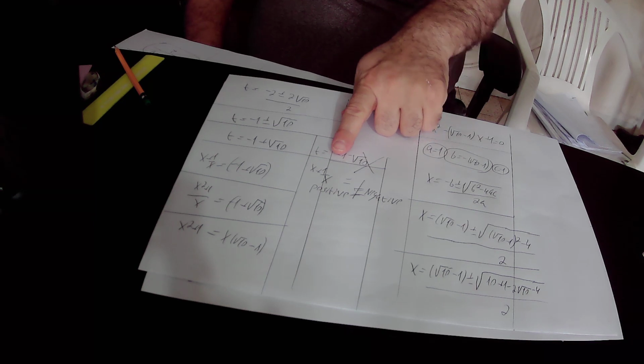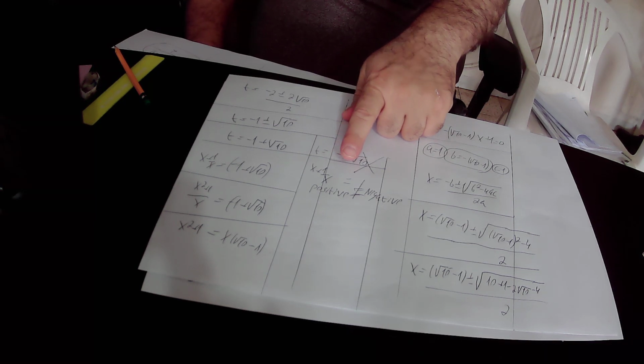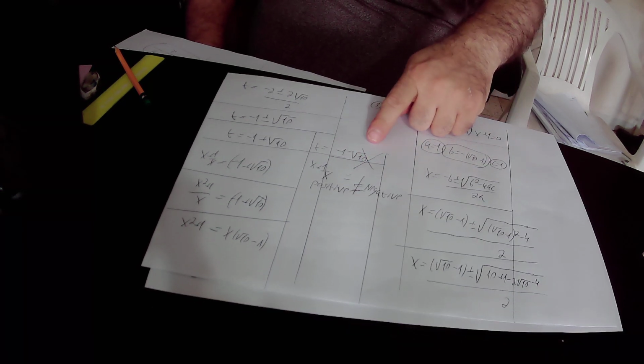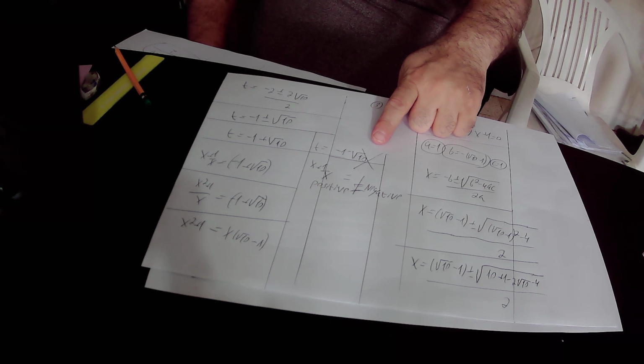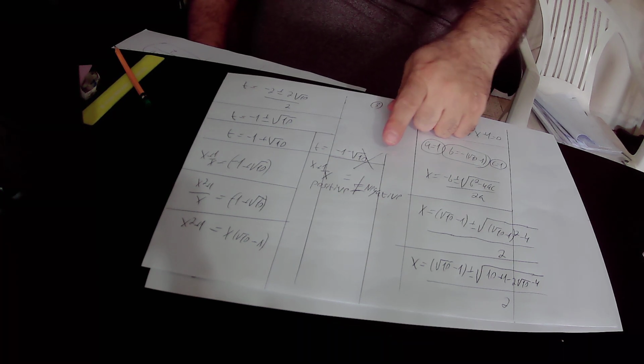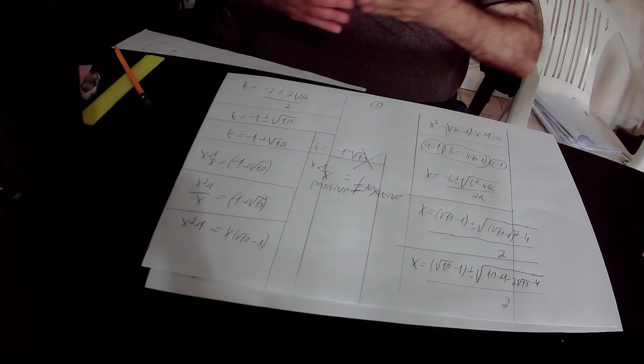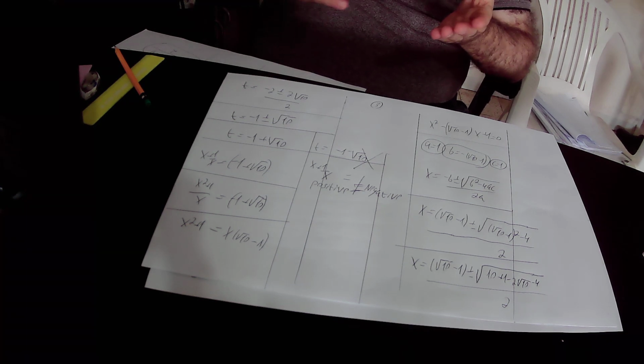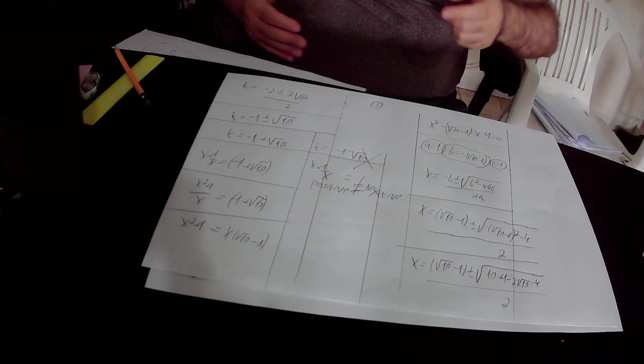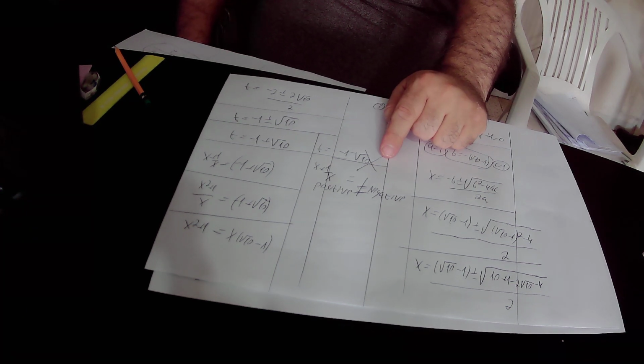So this expression x plus 1 over x must be positive, while minus 1 minus square root of 10 is negative, and a positive number can never be equal to a negative number. Therefore this solution is incorrect.